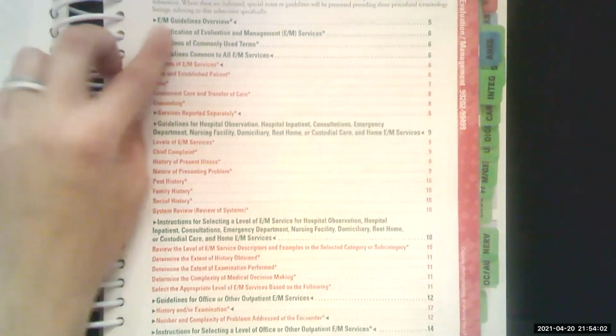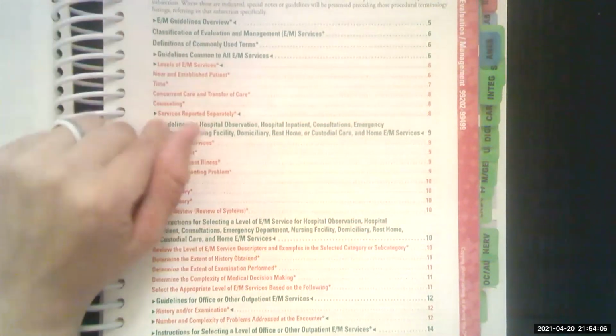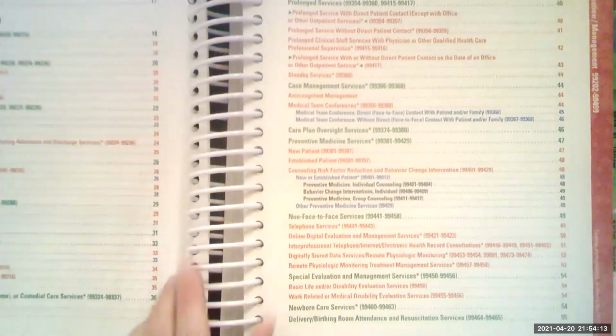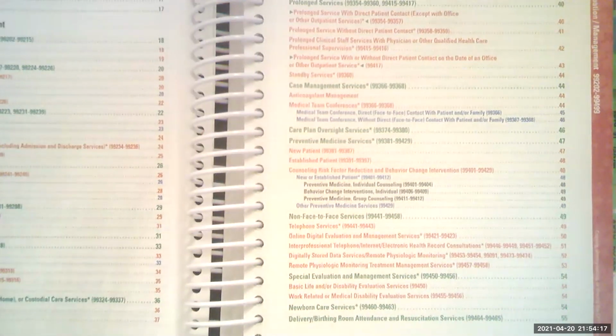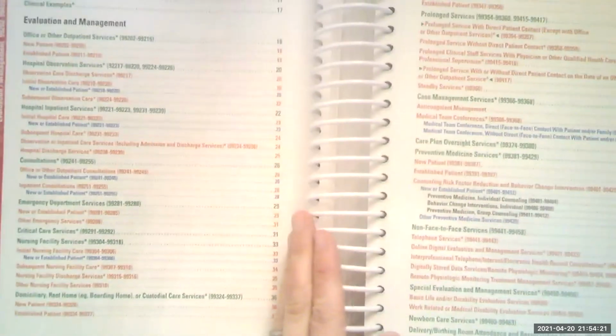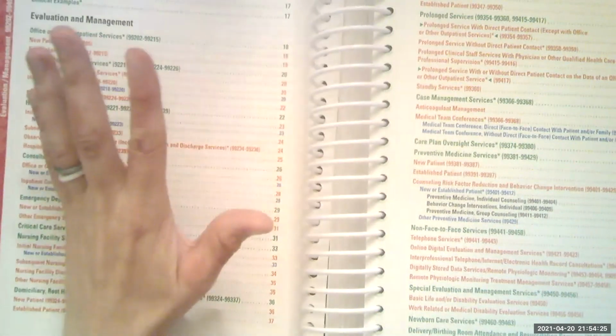It does a great job of directing you to the exact subsection that you're looking for, and often will include things like new patient, established patients, subsequent service, initial service, things like that are very, very helpful. And just very quickly getting to the right section and the right code levels that you're looking for, okay?